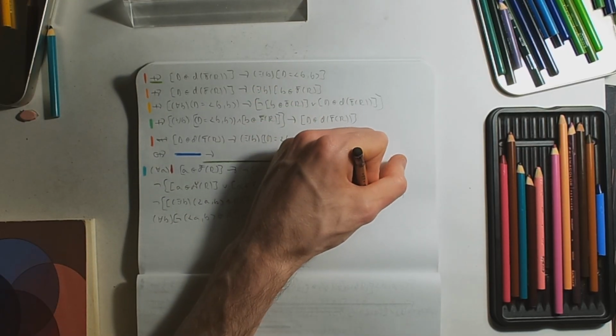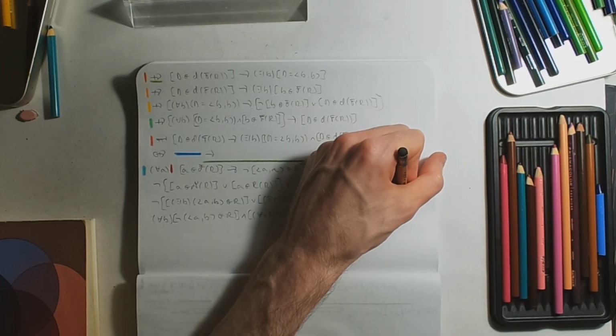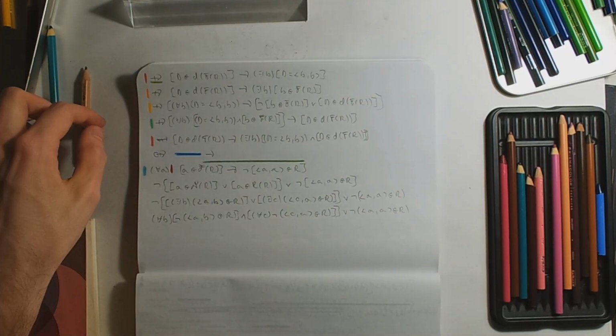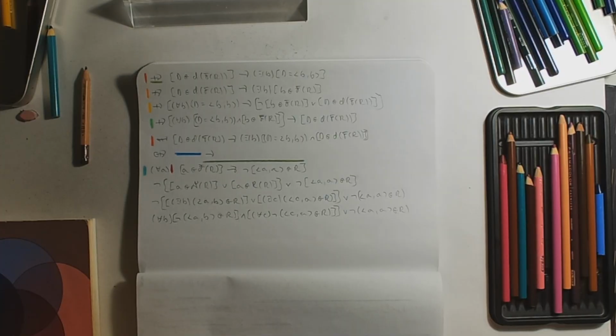Or not the ordered pair AA is an element of R. I'm not sure I see where this is going.